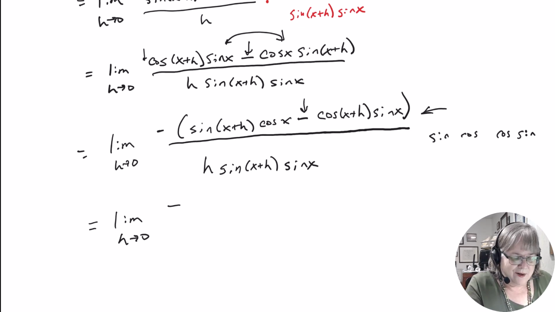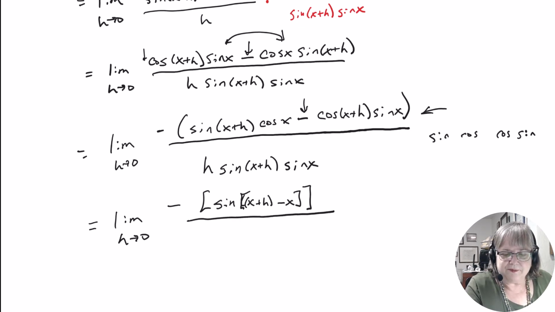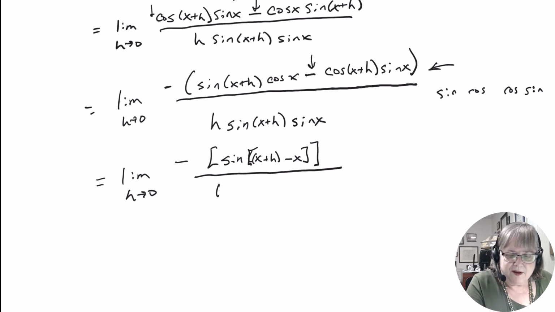So what we have going here is sine of x plus h minus x, all over h sine of x plus h sine of x.